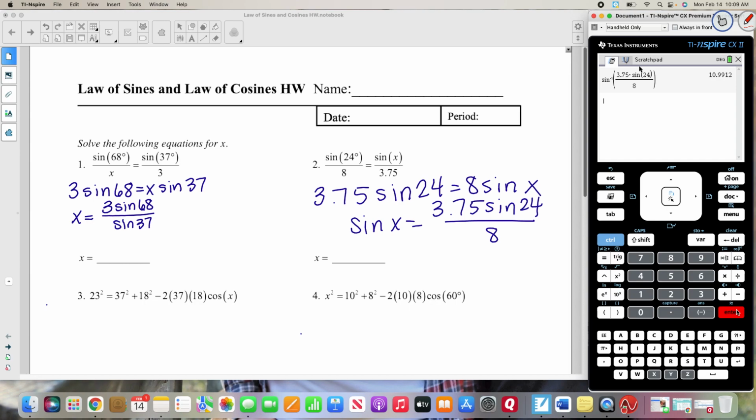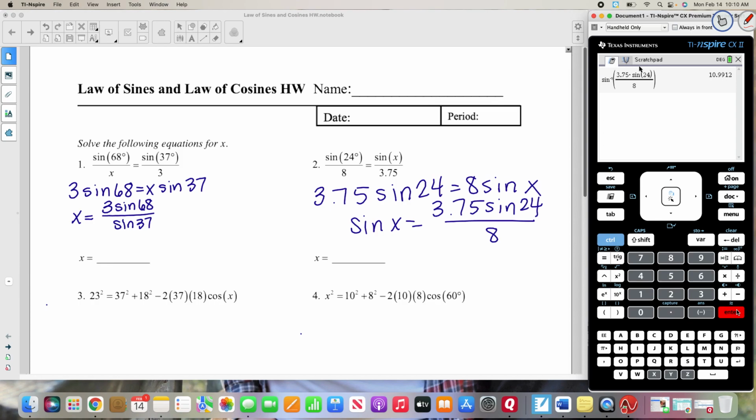Now, if I'm rounding to the nearest hundredth, I'm leaving it as 10.99. If I asked you to round to the nearest tenth, you'd have to do 11.0 because it would round up.